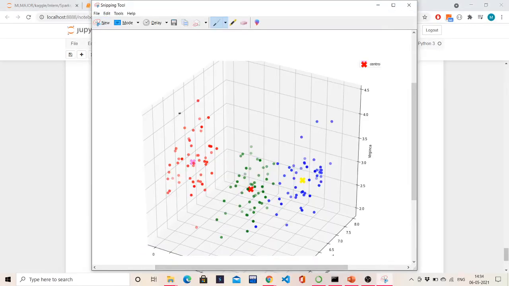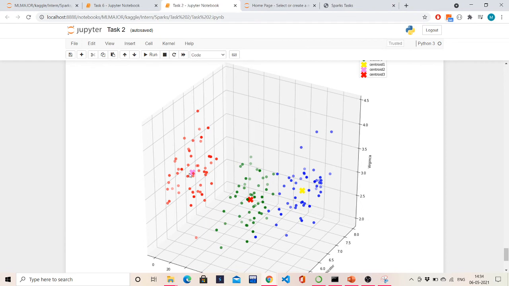From this point, if I take the distance of any point, it comes out to be minimum, no doubt in it, because it has been correctly trained on it. As you can see, this is the centroid point of it, right? And from that point we can see all the points are very close to it.